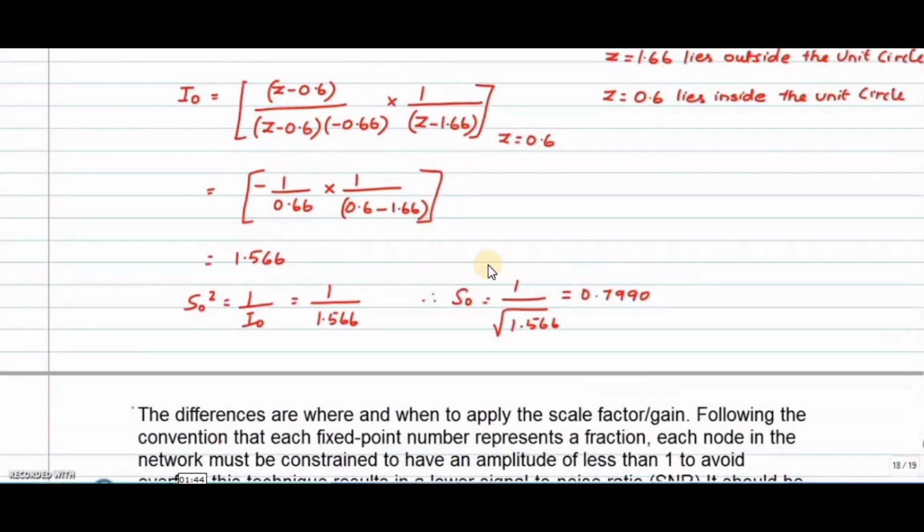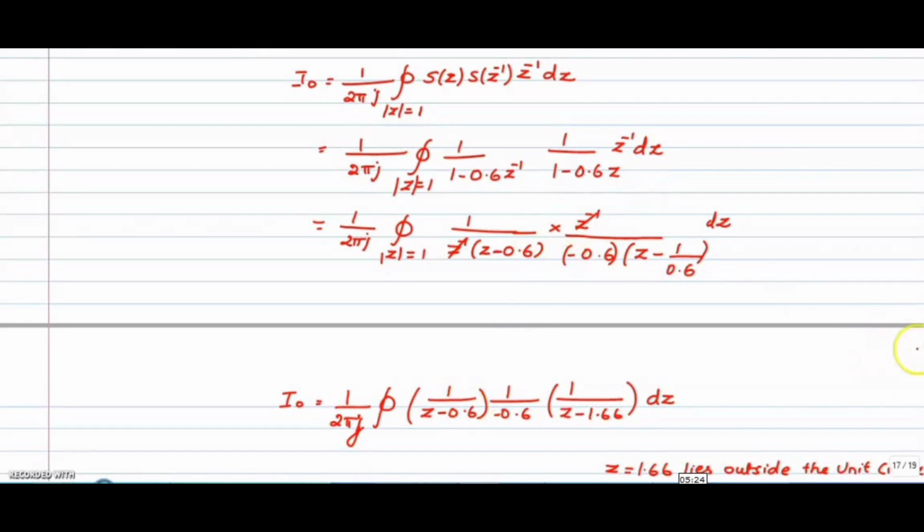And I have two poles, right? If I solve, one value is z is equal to 1.66 and another value is z is equal to 0.6. Since we consider the unit circle, z is equal to 1.66 lies outside the unit circle, and z is equal to 0.6 lies inside the circle. So you have to take z is equal to 0.6.